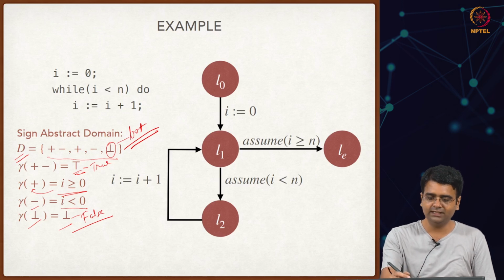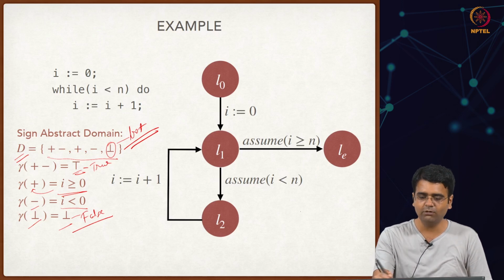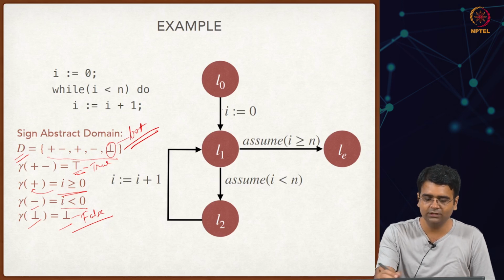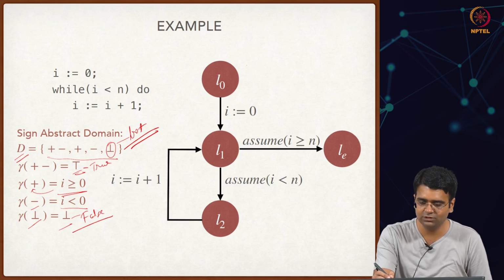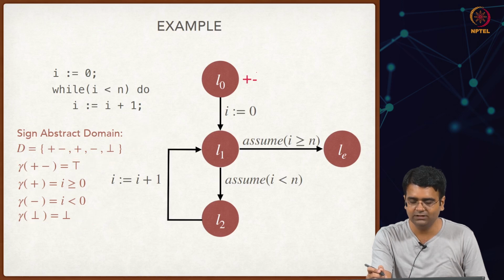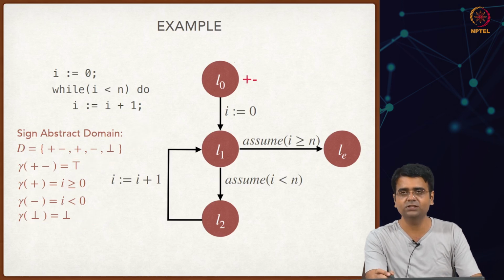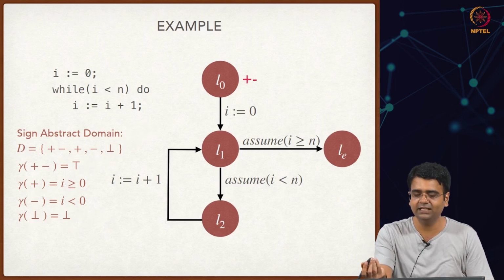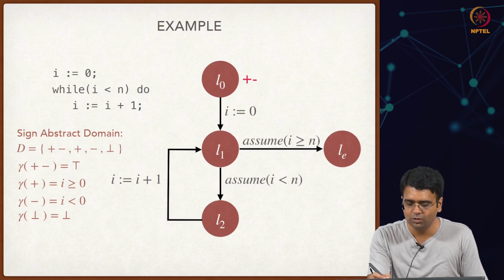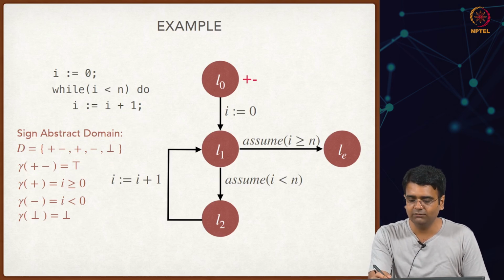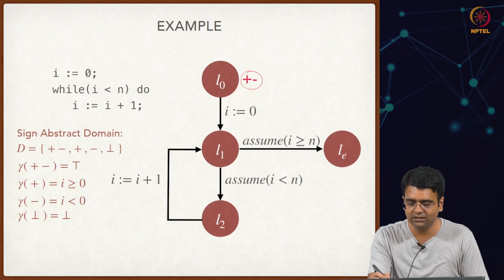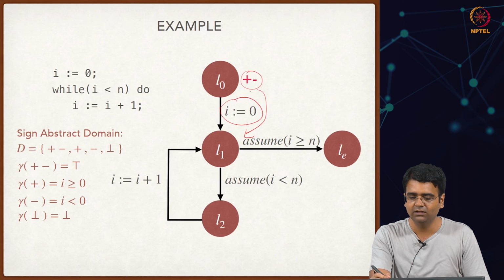So now let me execute this abstract forward propagate algorithm over this particular sign abstract domain. Initially I am going to start with the value plus minus at the location L0, which means that I can take any value. The abstract forward propagate algorithm will propagate this abstract value plus minus from L0 to L1 by executing this program statement.